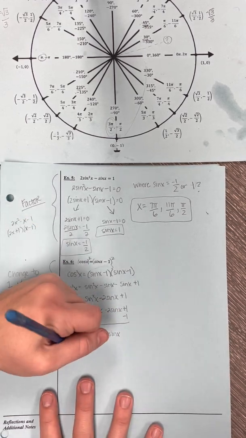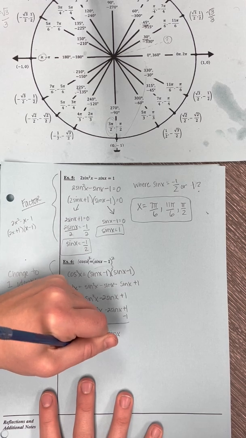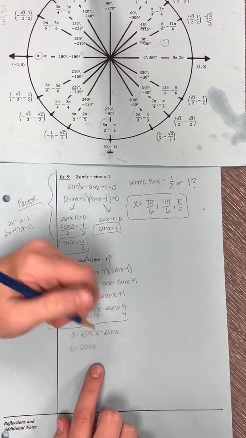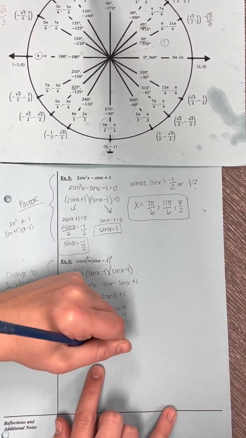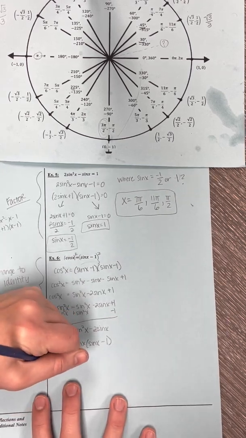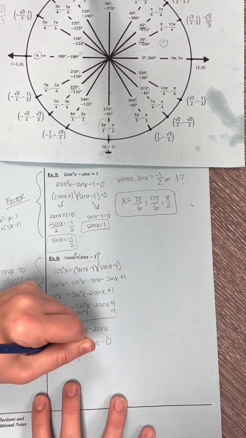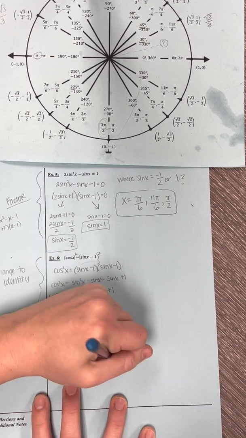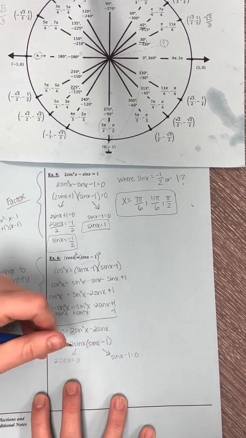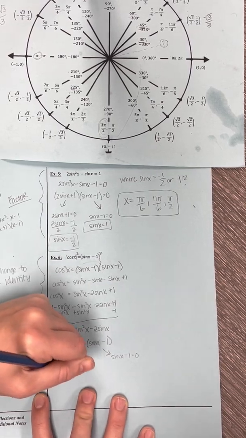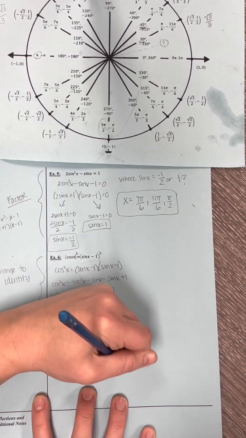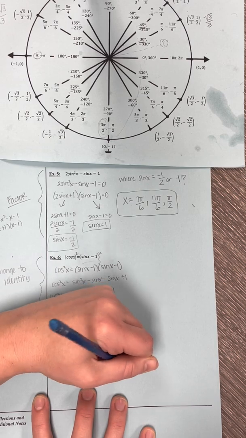We're going to pull out 2 sine x. Can't forget the 2 because they both have a 2 here. All right, so we'll pull out 2 sine x, and it's equal to sine x minus 1. All right, so we have 2 sine x is equal to 0, and sine x minus 1 is equal to 0. And so this will obviously just become sine x is equal to 0, and sine x is equal to 1.